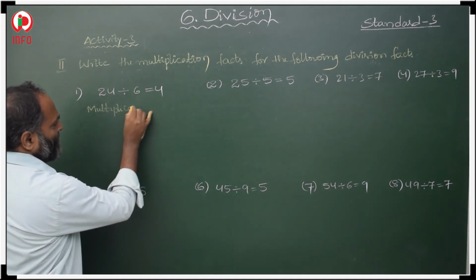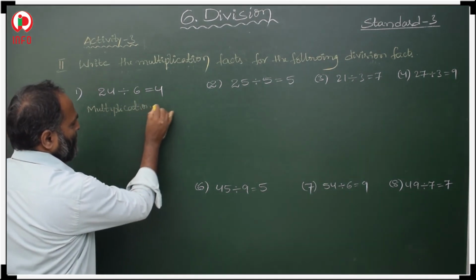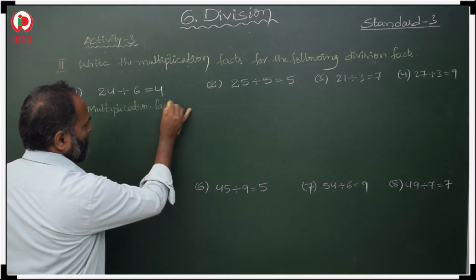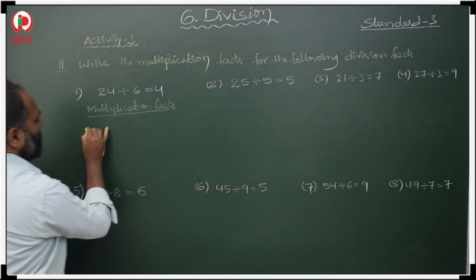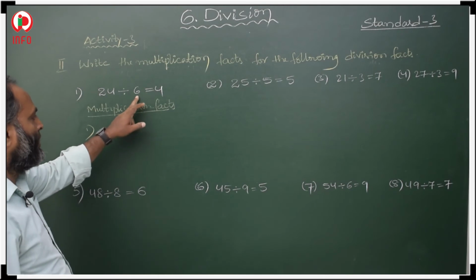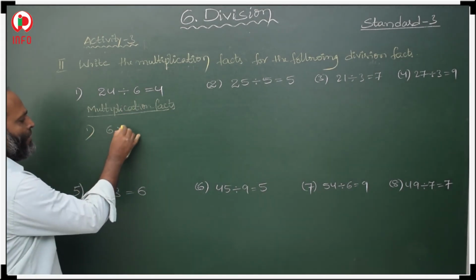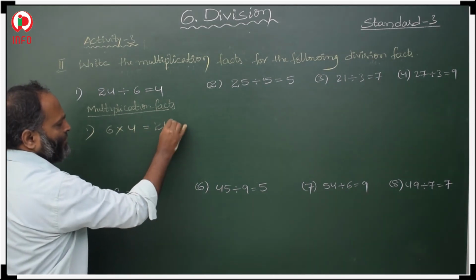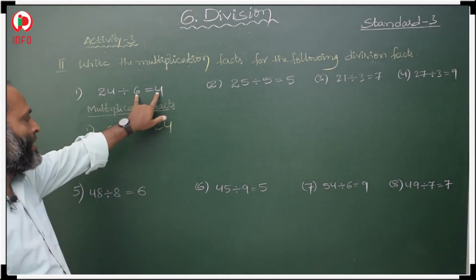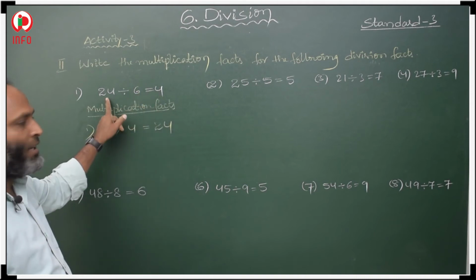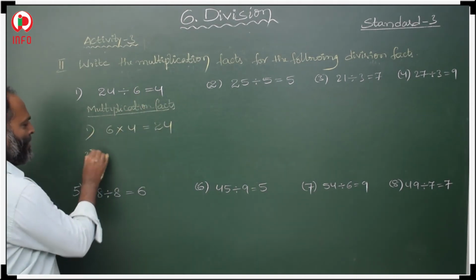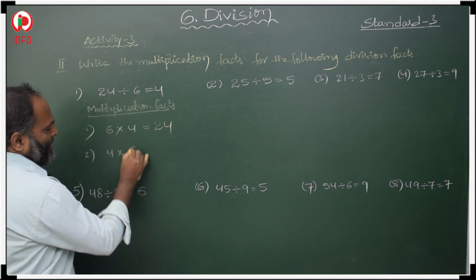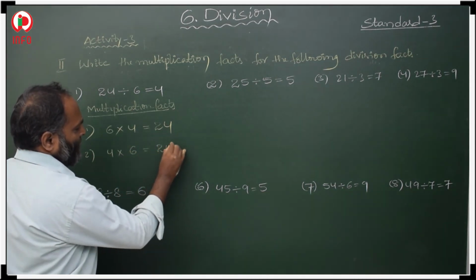Multiplication facts. The first fact: divisor into quotient is equal to dividend, or otherwise quotient into divisor is equal to dividend.